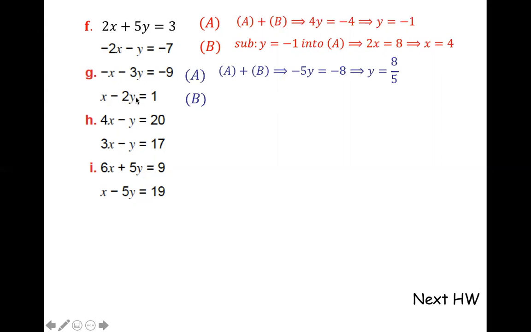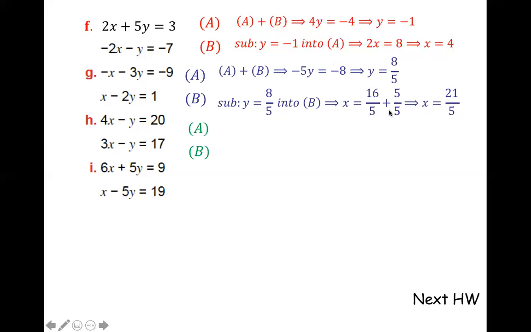Then I'm going to sub it into b because I get x straight away. So the 2 times 8, which is 16 over 5, goes on the other side. The 1, I'm going to make it 5 over 5. It's the same as the 1, just to get the common denominator. And 16 plus 5 is 21 over 5. And these are my answers for G.